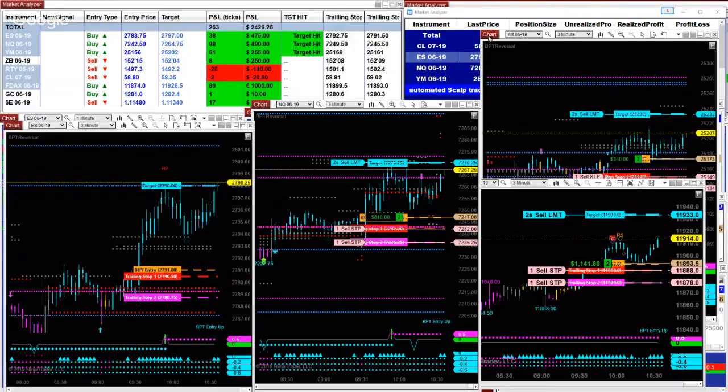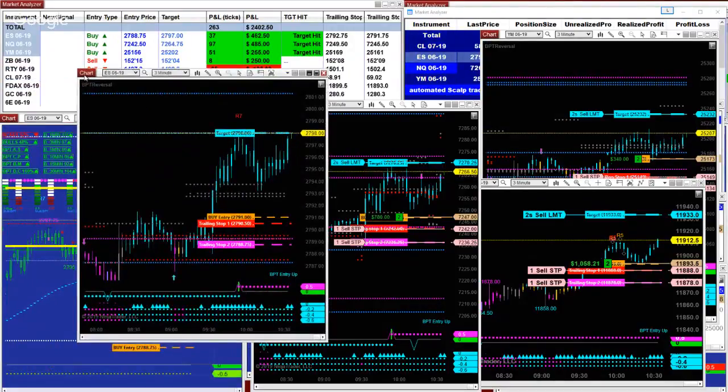We closed the ES finally, and now we are closing an $800 trade on the Nasdaq, and the YM is about to hit the target. There we go, Nasdaq. We're finished with the ES. We hit the target on the full automated, not ATM.